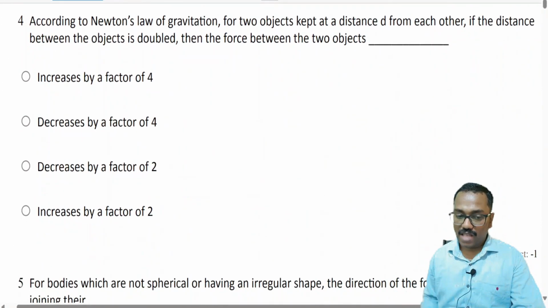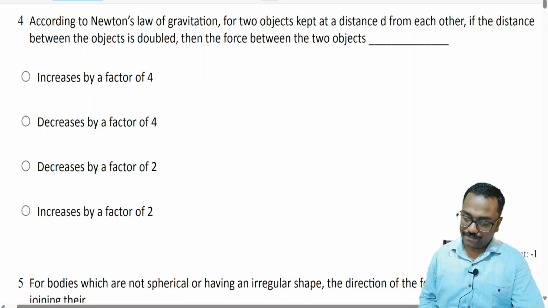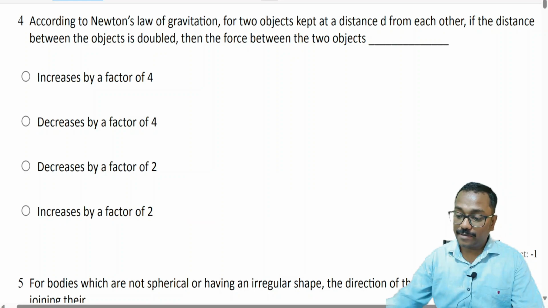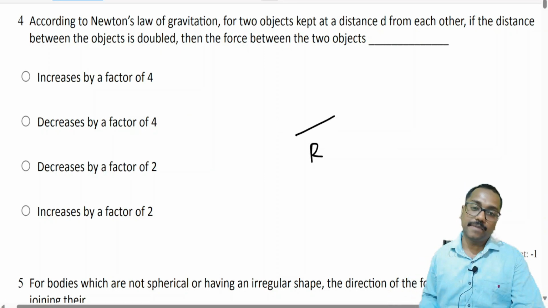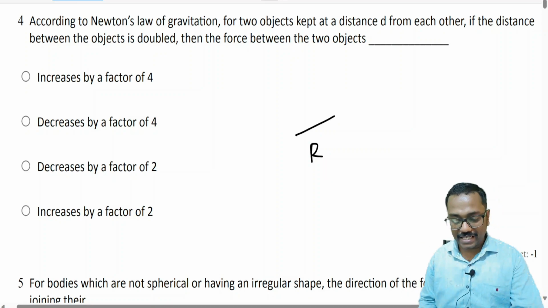Now fourth question, according to Newton's law of gravitation, for two objects kept at a distance d from each other, if the distance between the objects is double, that means r is getting double, right? So the denominator part is getting double, that means it is inversely proportional. So the force between the two objects: option 1 increases by a factor of 4, option 2 decreases by a factor of 4, option 3 decreases by a factor of 2, and option 4 increases by a factor of 2, right?